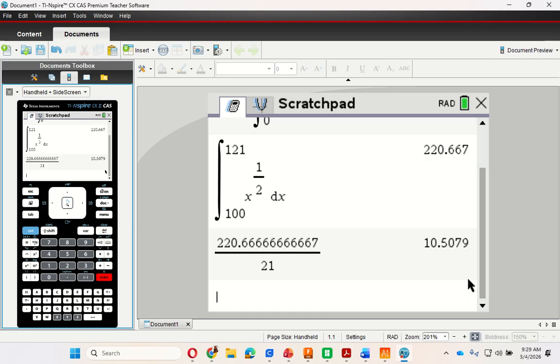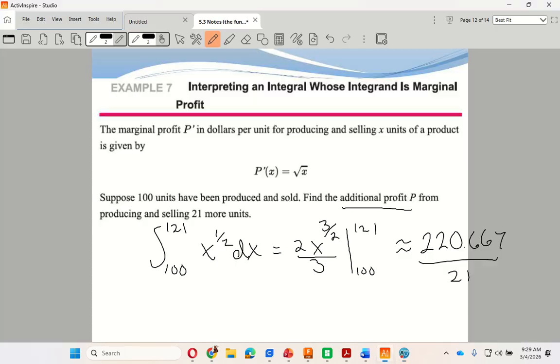So I make about 10.51 per item. That is my additional profit. That's how much I make per item.